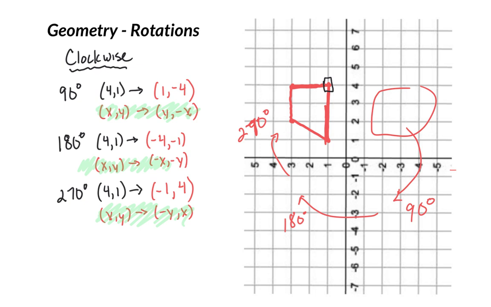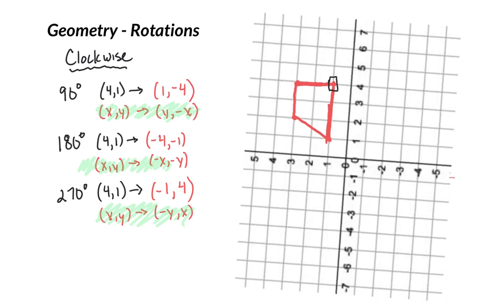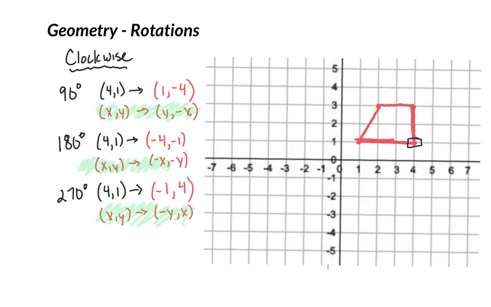Now, in order to do counterclockwise, it would simply be the opposite direction. Let me show that quickly. Let's go back to my original position, which was right here. Counterclockwise would go this way.